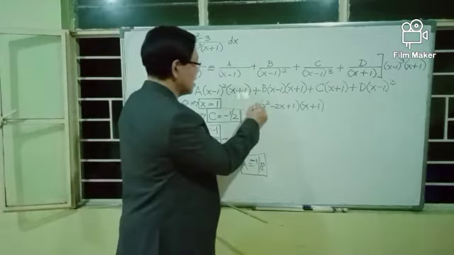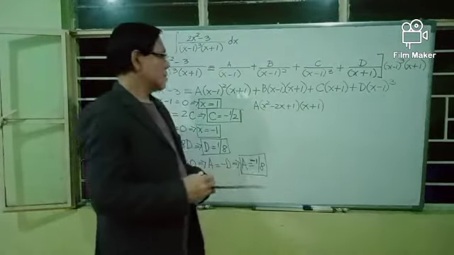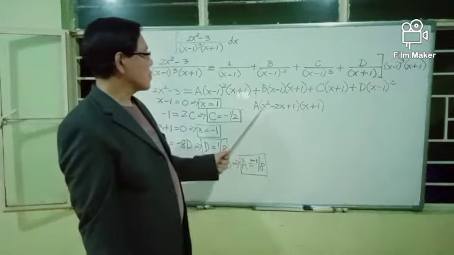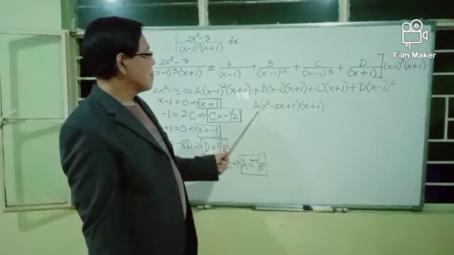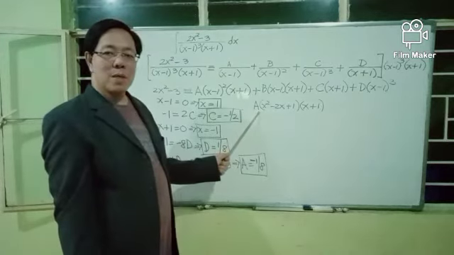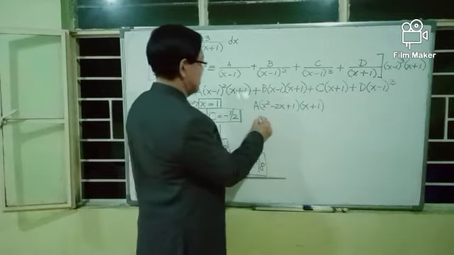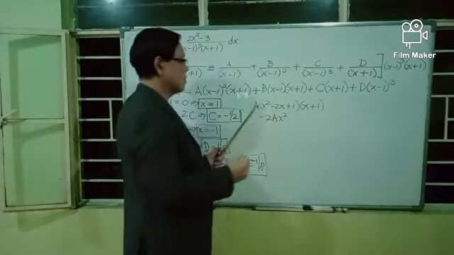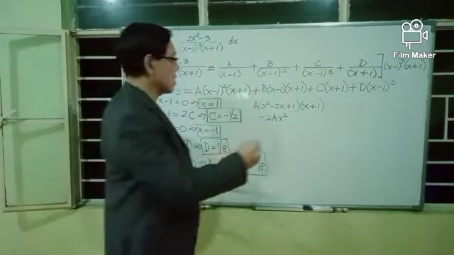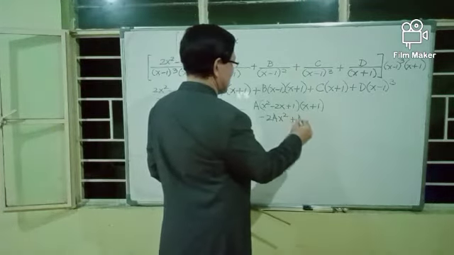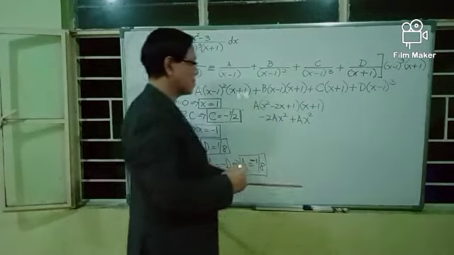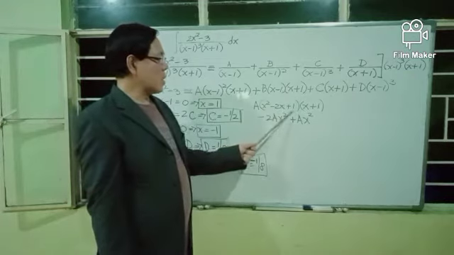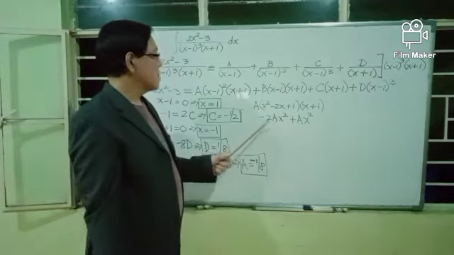We still have A, that's minus 2Ax squared plus Ax squared. X squared minus 2x plus 1 multiplied by x plus 1.